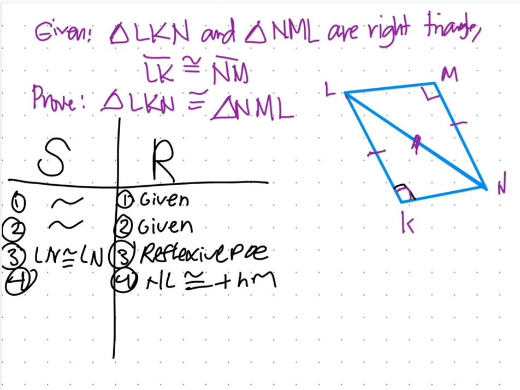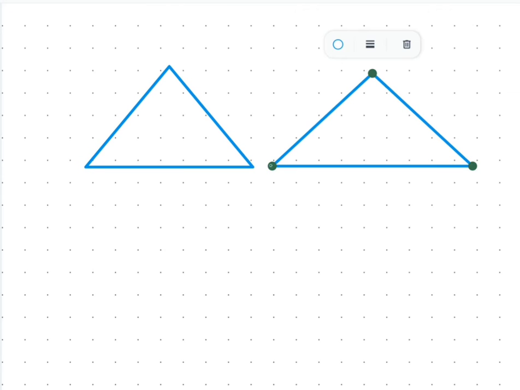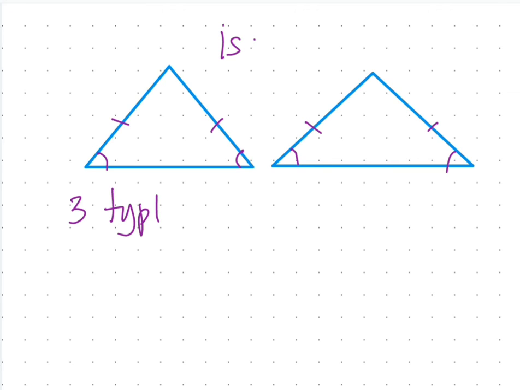Okay, for isosceles triangles, you know what an isosceles triangle is. So that means two sides are congruent, and the bases are also congruent. There are three types of isosceles triangle.